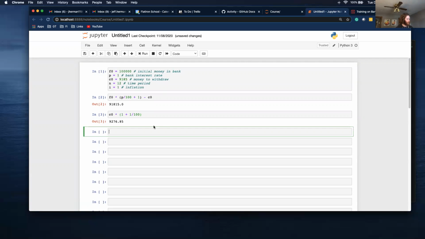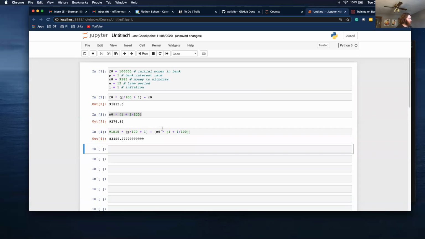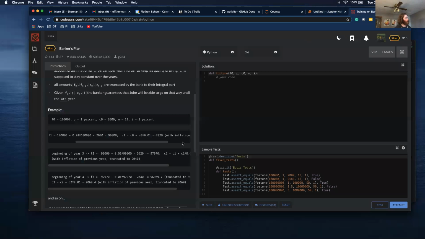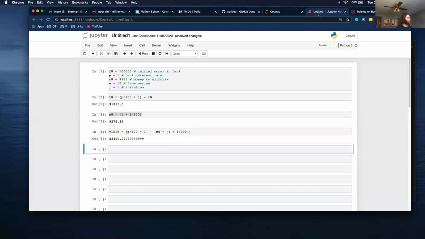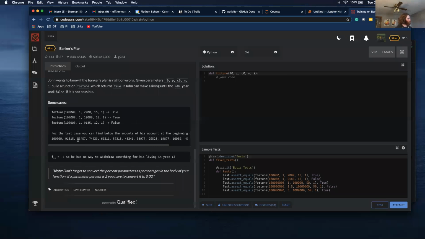Then I want to take this 91,815 number, the previous amount in my bank account, times P divided by 100 plus 1, and subtract this number right here. And I get 83,456, and I'm getting 83,457.